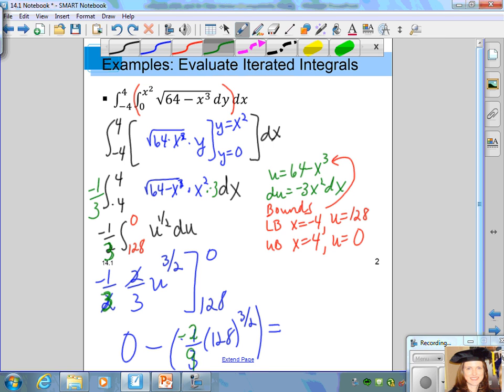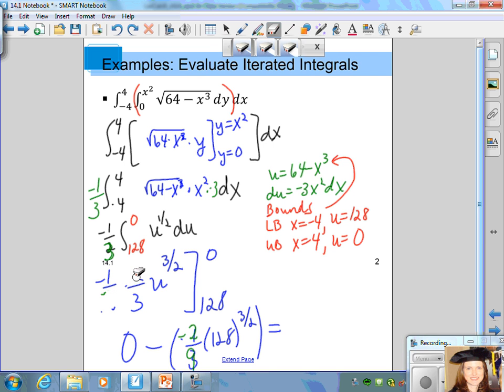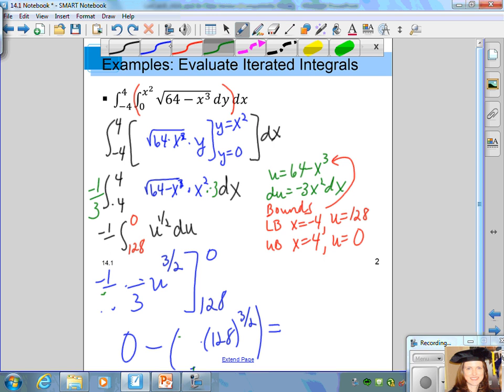Let me erase that here. Again, I copied down the -1/3. It should be -1/3 times the integral. So that's -1/3 times the 2/3. Those 2's aren't going to cancel out, so that's actually a -2/9.